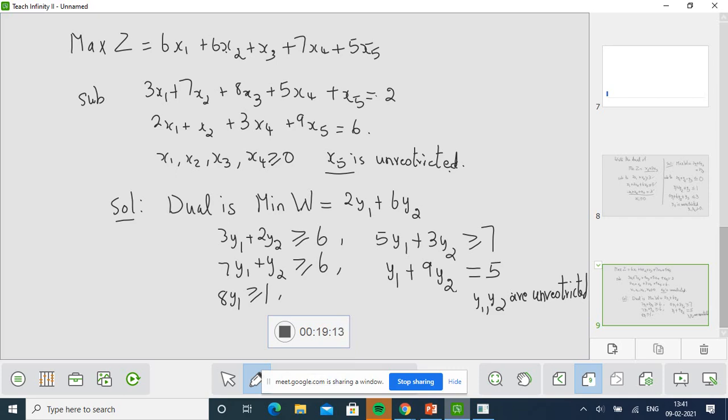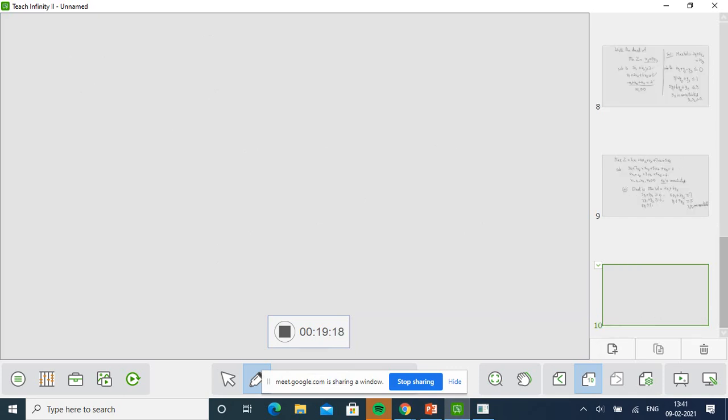Write down the dual of the LPP and solve it.